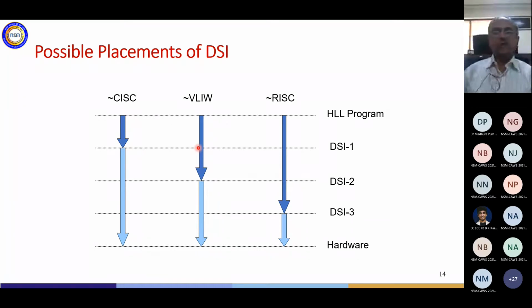So that is why VLIW is supposed to be a progressive architecture, that it tries to have a good balance between the work that the compiler does and the work that the hardware does, that the processor does. Okay. So this is one point that you should note, keep in mind, we will use it later.